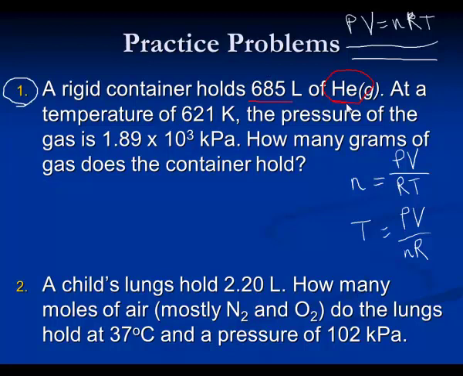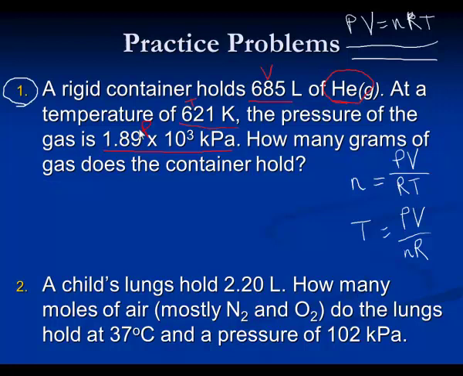That's going to become important in a minute. So the 685 liters, we've got our volume, and we have the temperature, 621 Kelvin. Thank you very much for putting it in Kelvin already. We don't have to convert from Celsius. The pressure of the gas, 1.89 times 10 to the third kPa, kilopascals.